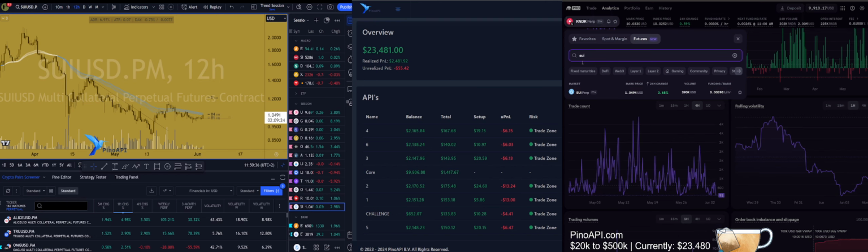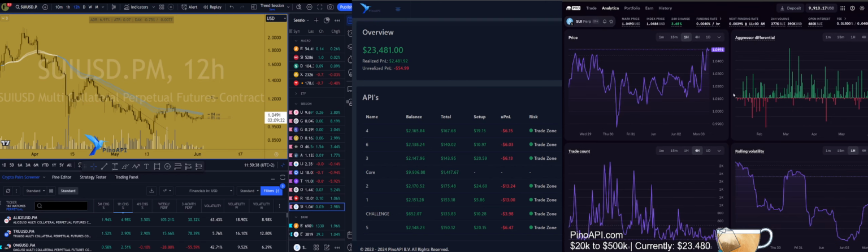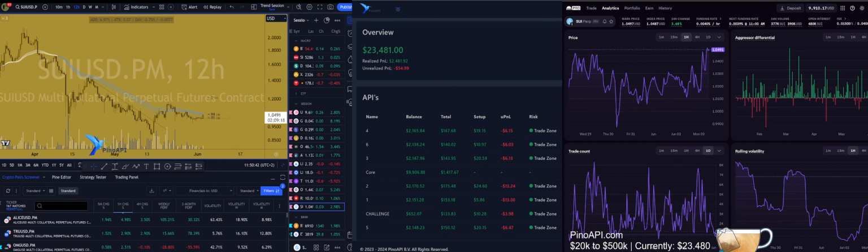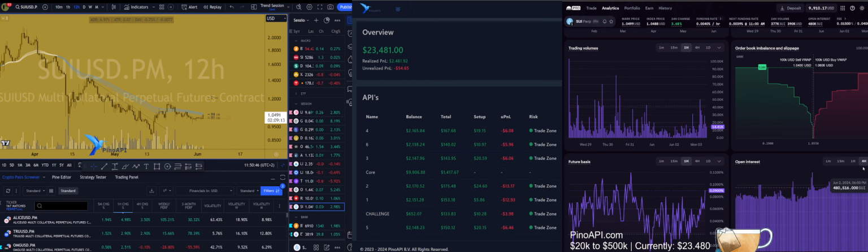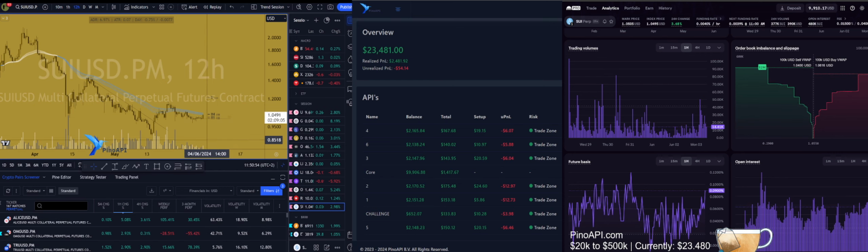Sui. Oof, that's a low trade count, man. Kinda expected open interest to increase here because of this candle with some volume.